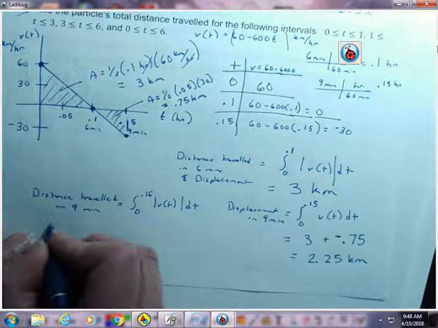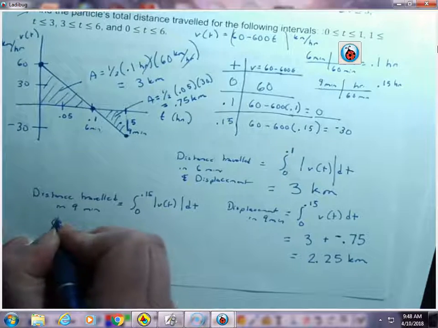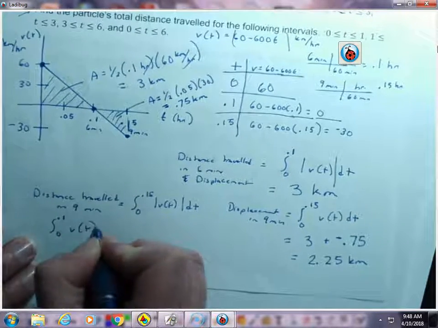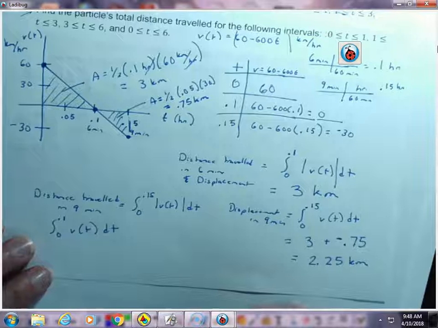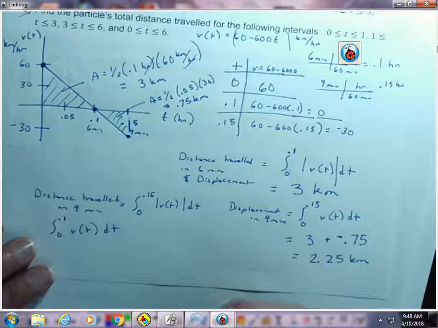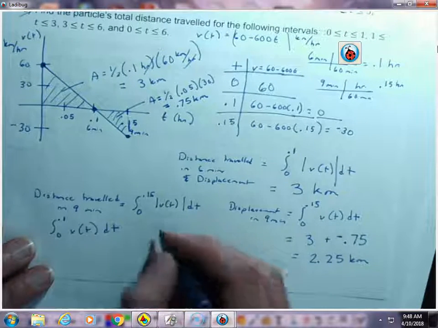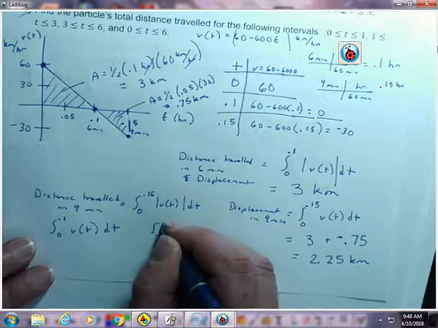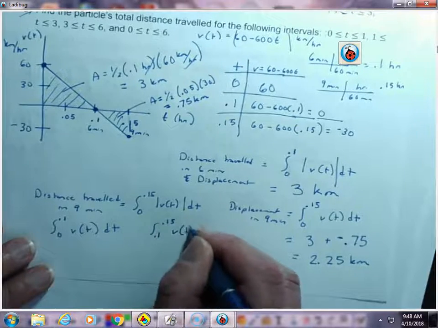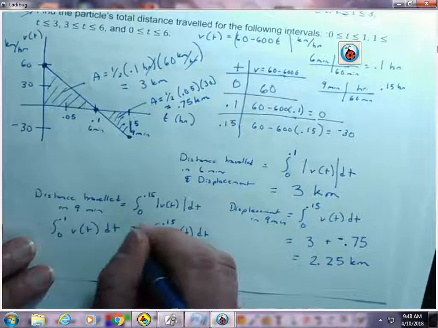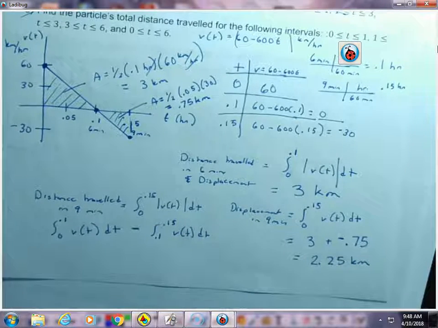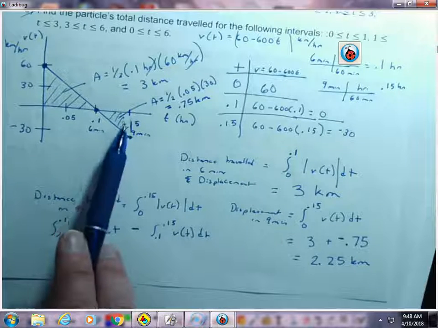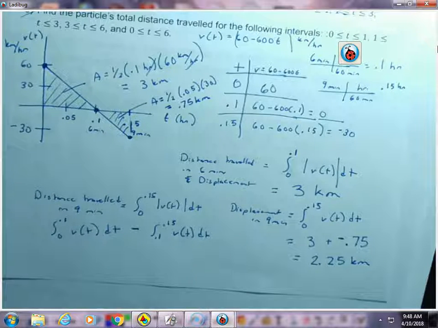So I would have to integrate from 0 to 0.1, and then what would I have to do? Okay, do I subtract it? Good. Because I want to add it up, even though it's going to be a negative. Even though I'm going backwards, I still want to add it as more distance that I have traveled.